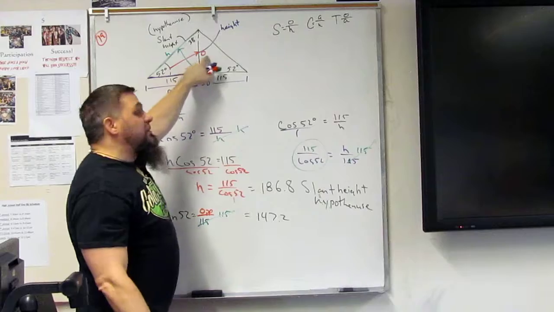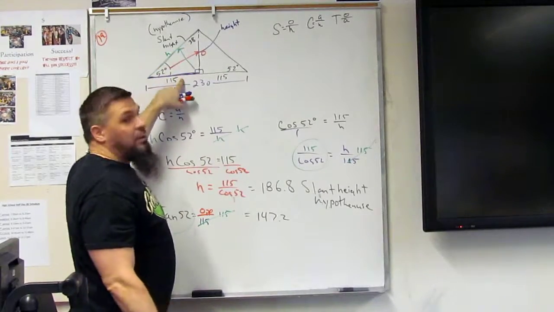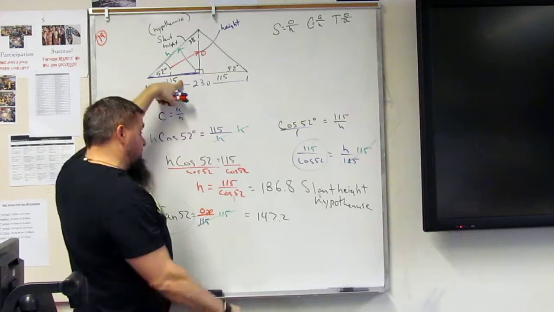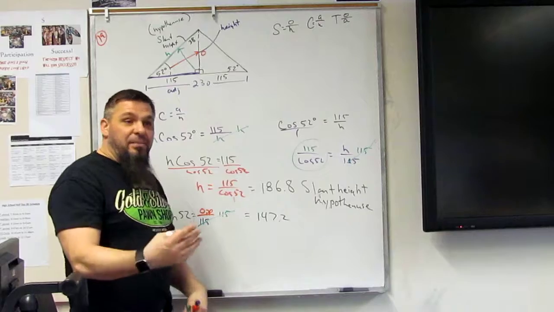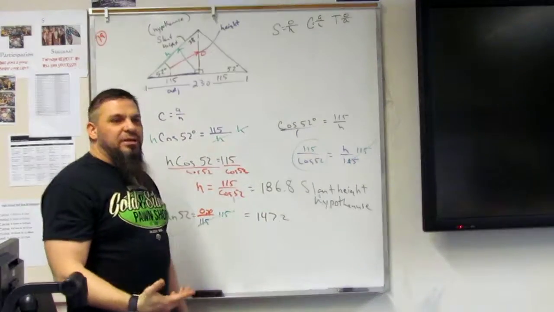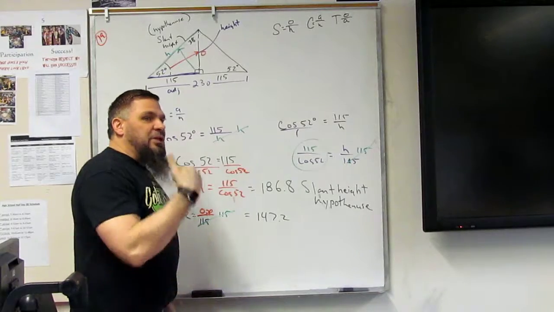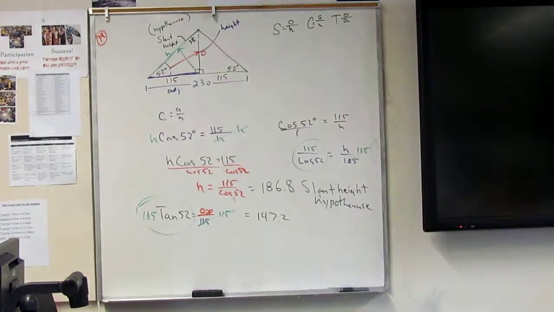And then 52, medium, and 38, small. So 115 is small, 147 is medium, and 186, you got me? Alright? And that's kind of how you can double check yourself, because it should all make sense. Does that make sense? Okay. There you go.